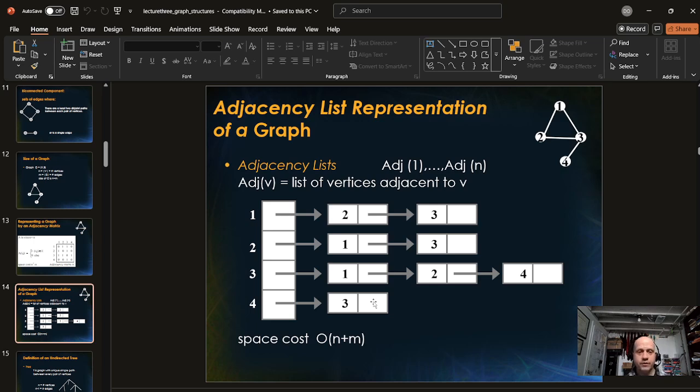I have a more compact representation from that aspect. And for that reason, we have the space cost of big O n plus m. And again, when you look at it as more of a dynamic structure, you're going to be saving costs. And of course, we have similar trade-offs in complexity between the representation and manipulating it.